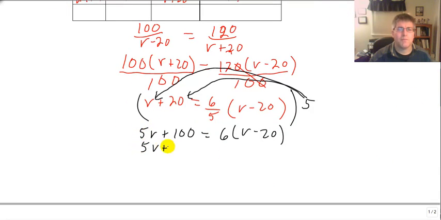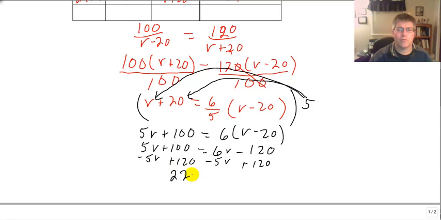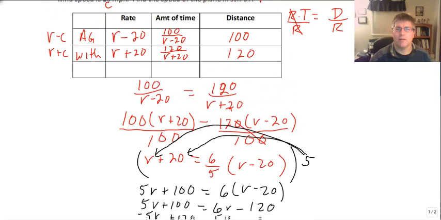So simplifying, 5r plus 100 equals 6r minus 120. And I subtract 5r from both sides. I add 120 to both sides. And I get 220 equals r.